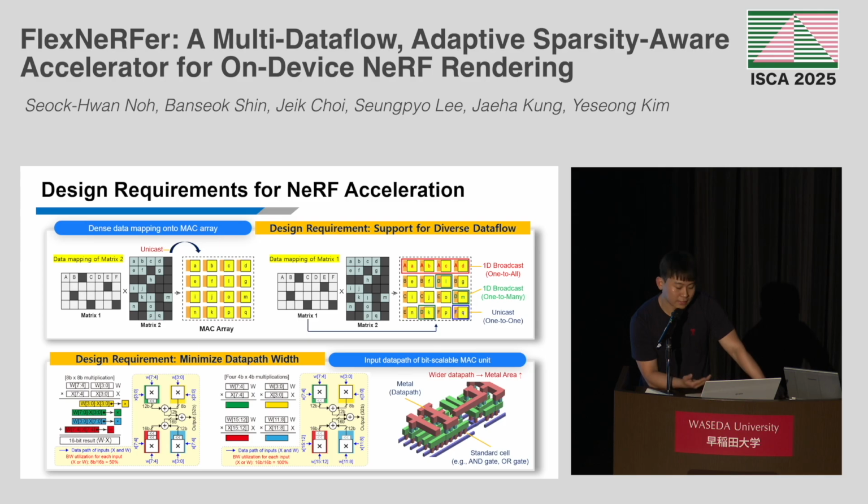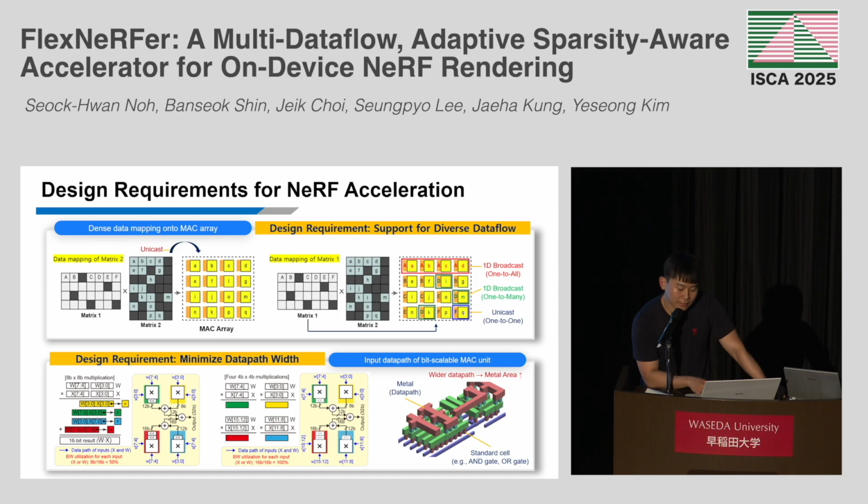From a hardware designer's view, we could just design for the widest data path, but that would increase the chip area. In the bottom right image, you can see a cross-section of an actual chip. In this figure, the bottom part shows standard cells like AND or OR gate, while the upper part shows the metal layers used for wiring.